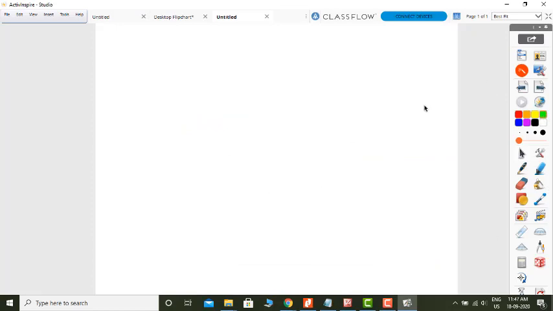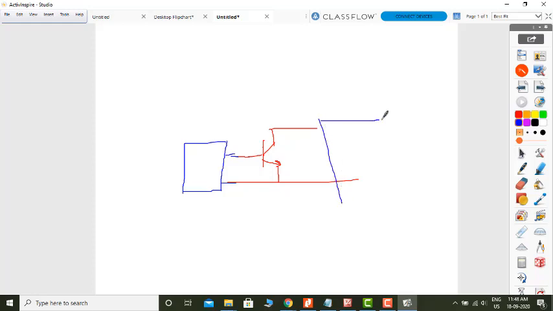So in the amplifier we have a device, let us say a BJT, and we have connected input and output matching networks, one at the input side and another at the output side.